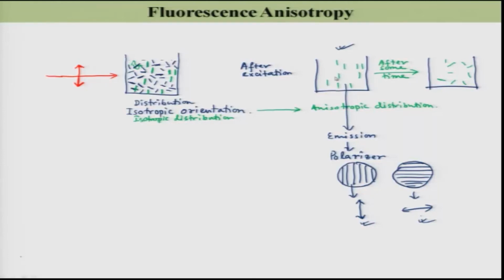Horizontal and vertical direction here mean the polarization of the emitted fluorescence light, right. The intensity along the vertical direction is more compared to the horizontal direction at the initial time, which means the system is anisotropic. Because the system is anisotropic, all the molecules are oriented this way. So, it is a particular orientation.